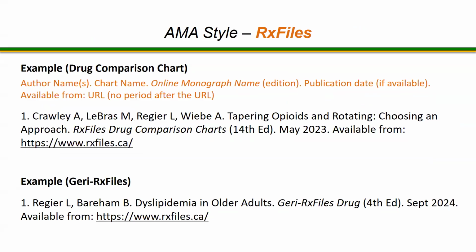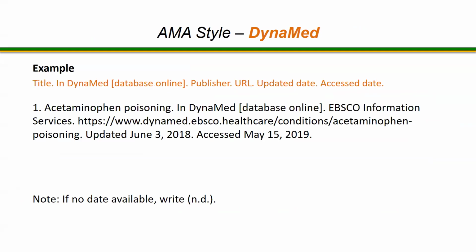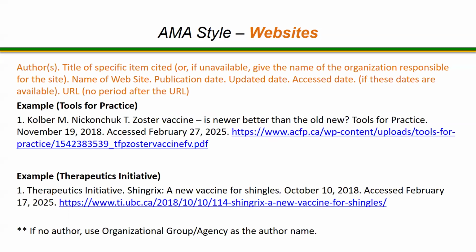Here's an example for drug comparison chart and for GeriRx files. Here's also an example from Dynamed, and again, just note the order on how to list the information, and also the punctuation is very important.